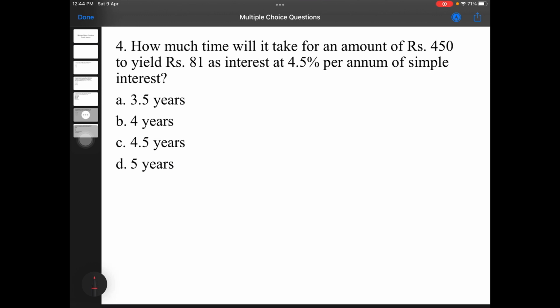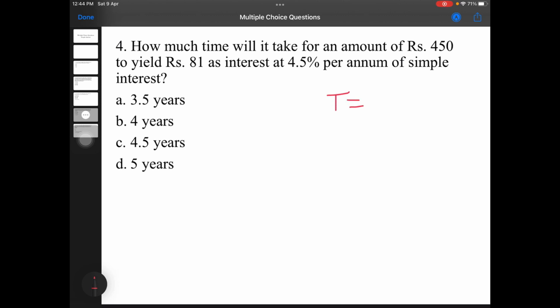Question number 4. How much time will it take for an amount of rupees 450 to yield rupees 81 as interest at the rate of 4.5% per annum of simple interest? Options given: option A 3.5 years, option B 4 years, option C 4.5 years, option D 5 years. This question also is a direct question. What the question asks is to find the time.